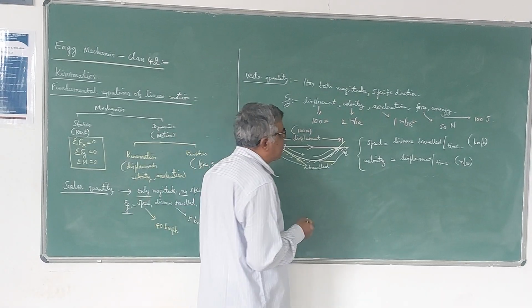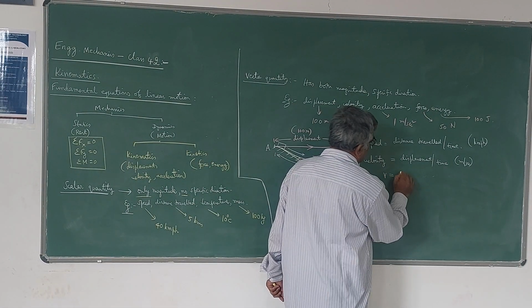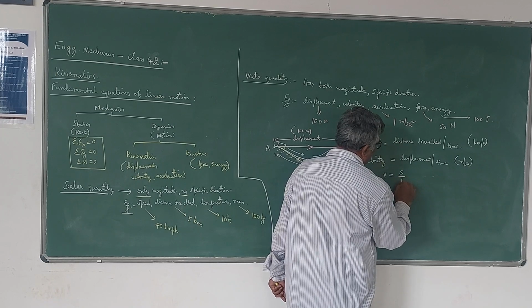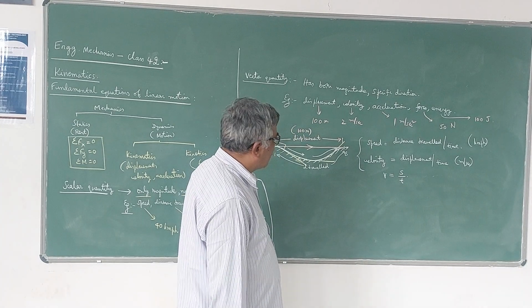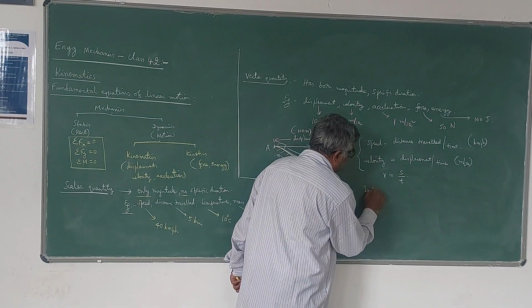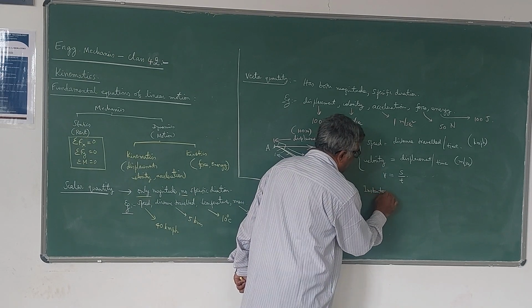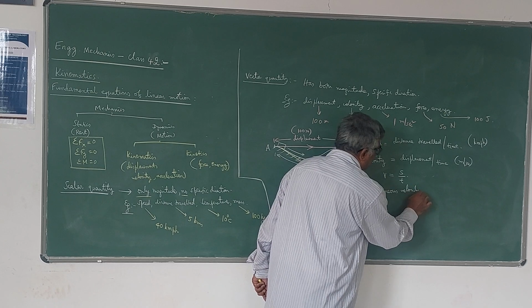Mathematically, what we can write here is V is equal to S by T, where S is the displacement and T is the time. Or if you are speaking about instantaneous velocity, instantaneous at a particular point, that is the meaning of instantaneous velocity.